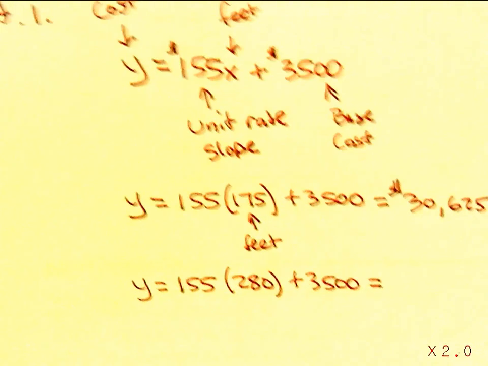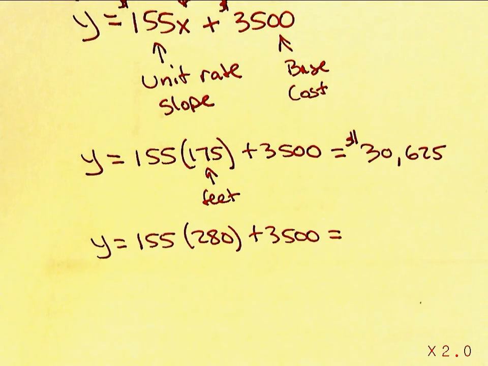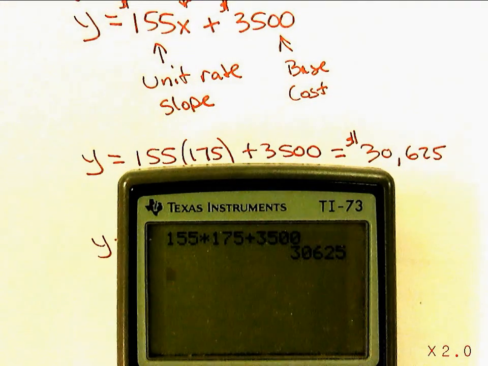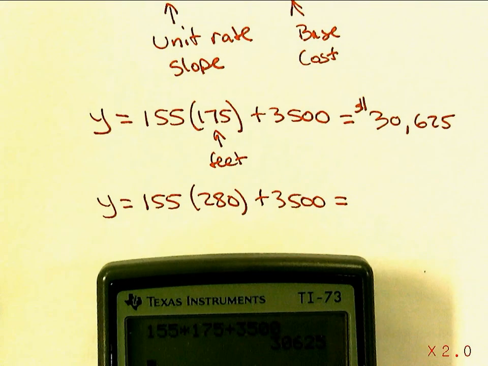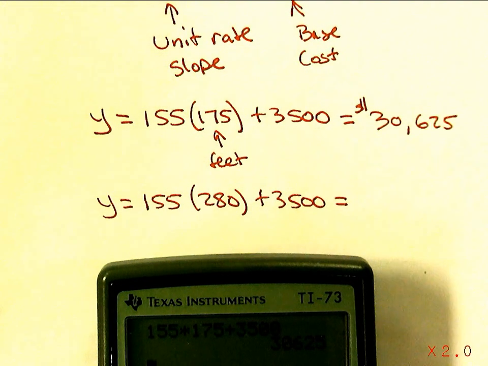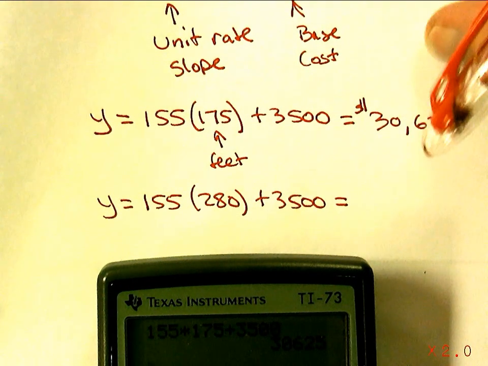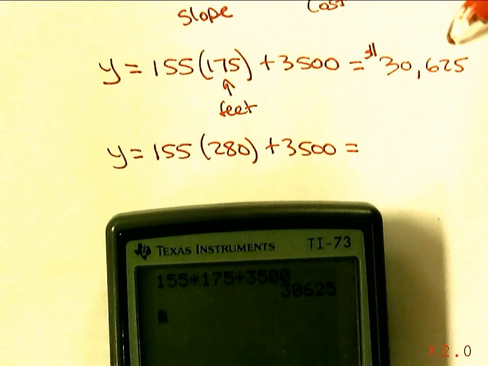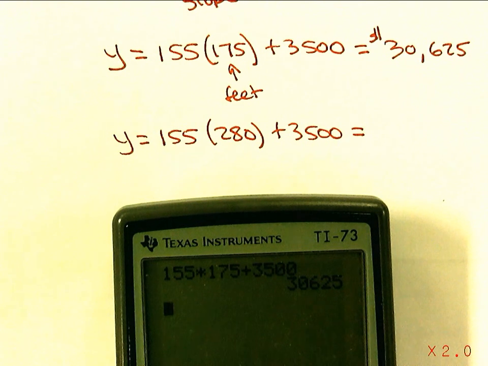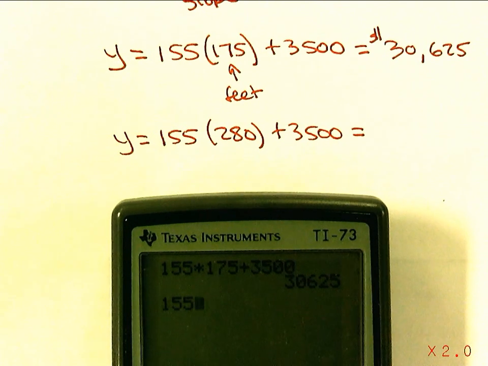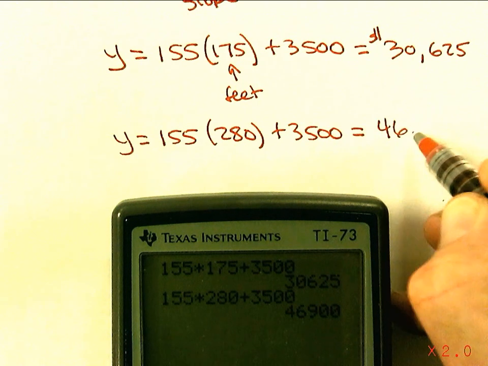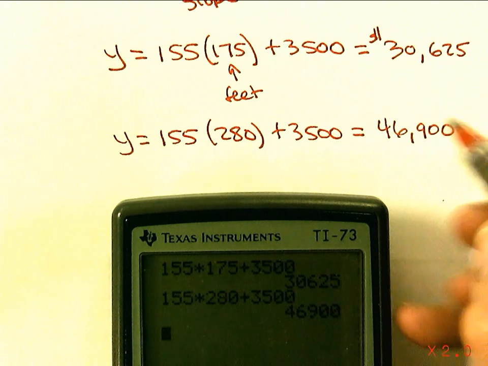And again, I just put that right into my calculator, just like I did before. I'll try to make it so you can see all this that I'm doing at the same time. Using the calculator, putting in the numbers, 155 times 280 plus 3,500, and I get $46,900.